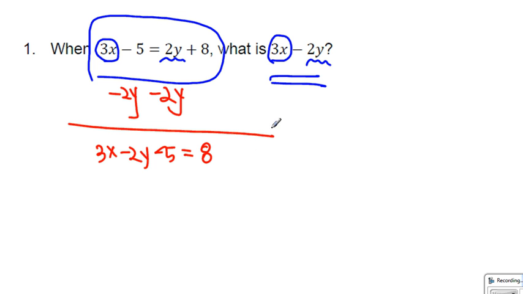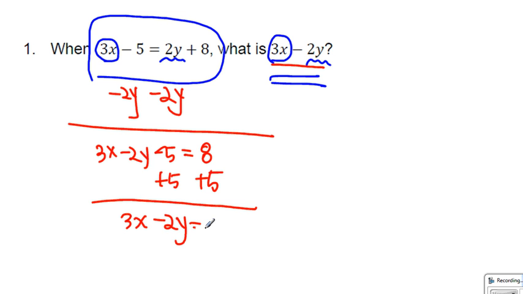Once again, what we want is this 3x minus 2y, not the 5, so we could add 5 on each side. Then what we end up getting is 3x minus 2y equals 13. Alright, there it goes. So therefore, our answer ends up being 13 right over here.